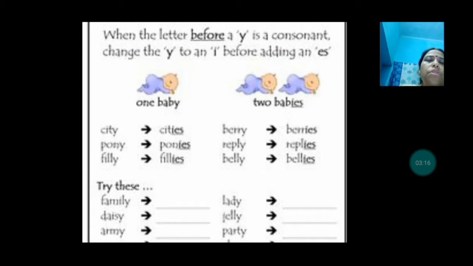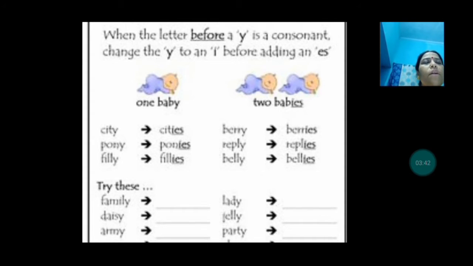Like in city, before y you have t, which is a consonant. So what you have to do is remove y and add ies. City becomes cities. That will become the plural. For one we use city and for more than one we use cities.